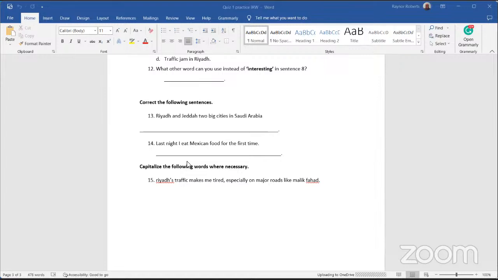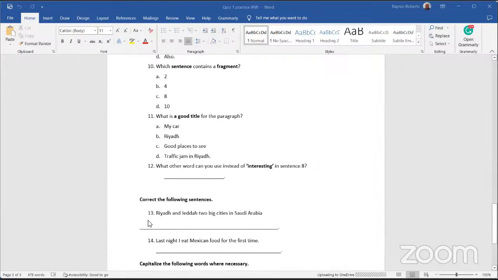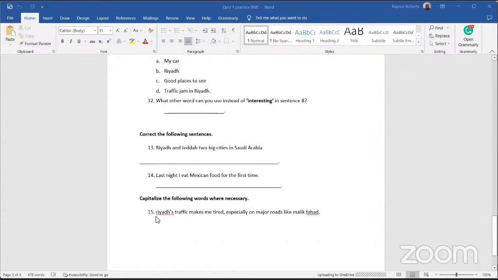I have a question. Can we put possessive pronouns on capitalized names, like Riyadh? Is it okay to put the apostrophe S?